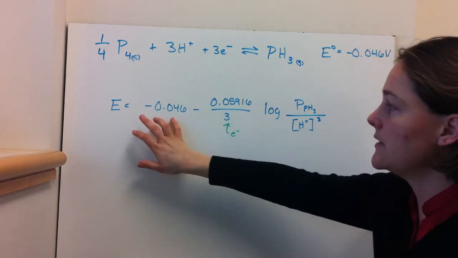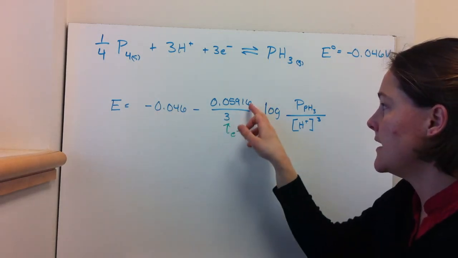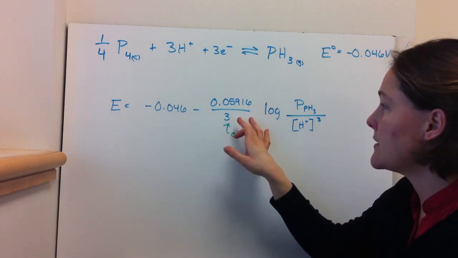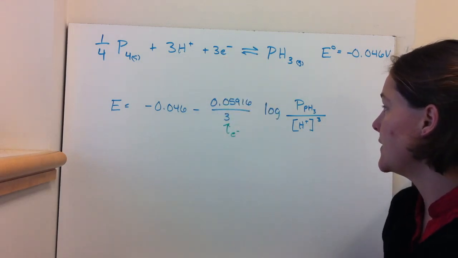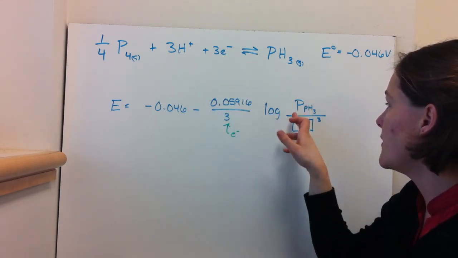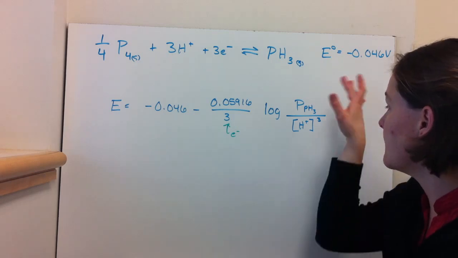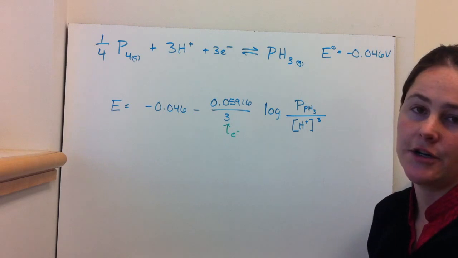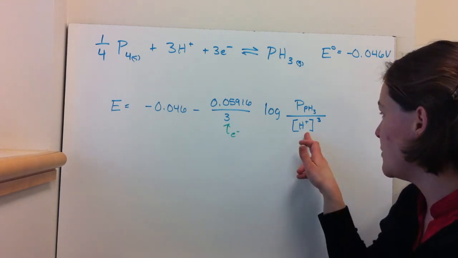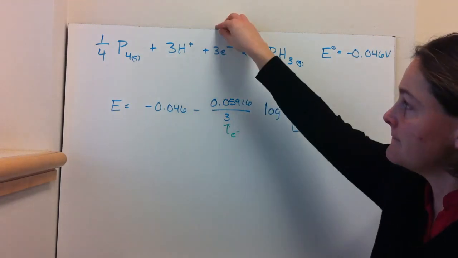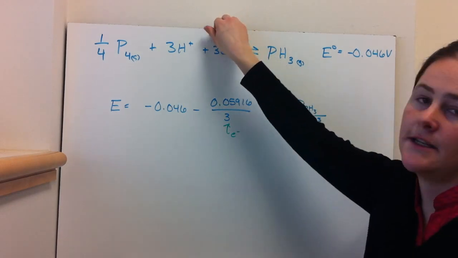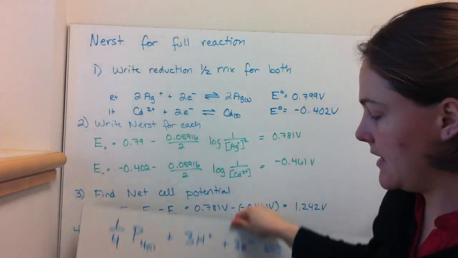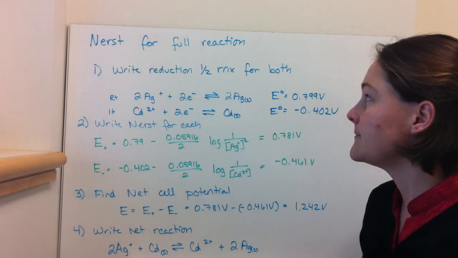So E equals the E0 minus 0.05916 over N, which is 3 in this case, 3 electrons being transferred, times the log of the pressure of the phosphorus gas over the concentration or activity of H plus cubed. And probably we can ignore activity just like we have been and just use concentration most of the time, unless you have a really salty solution.